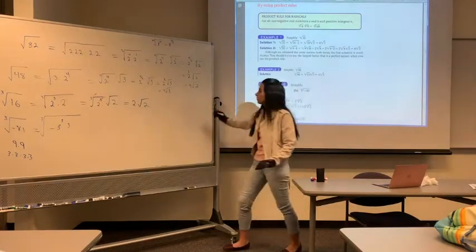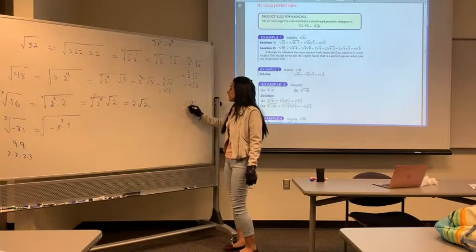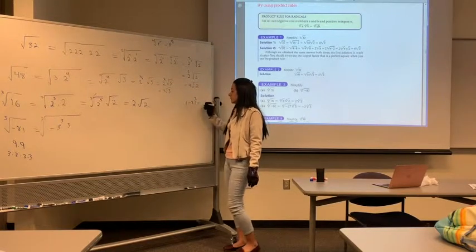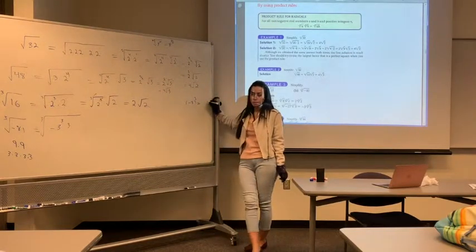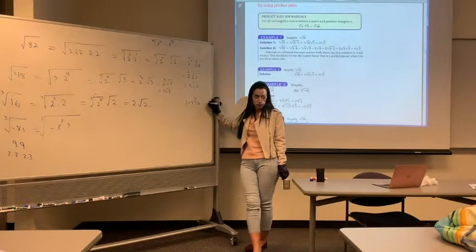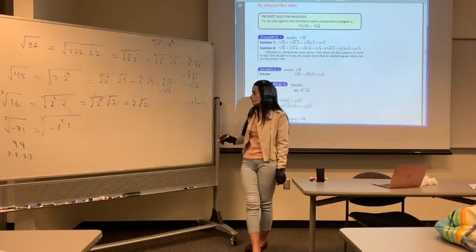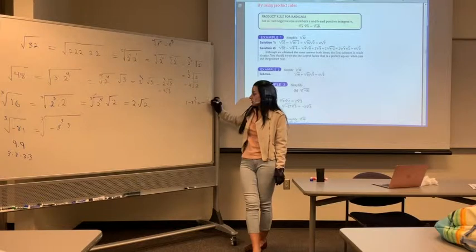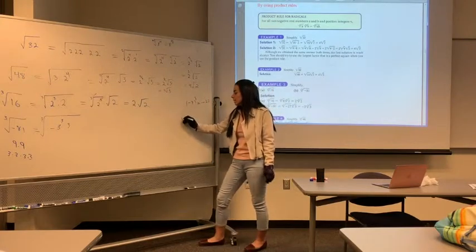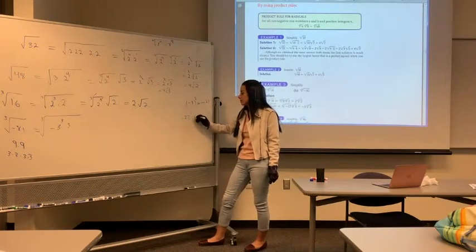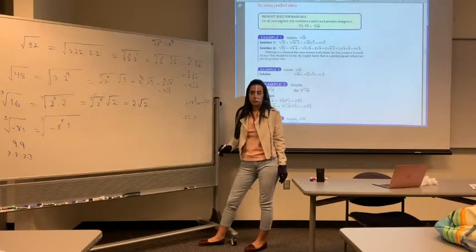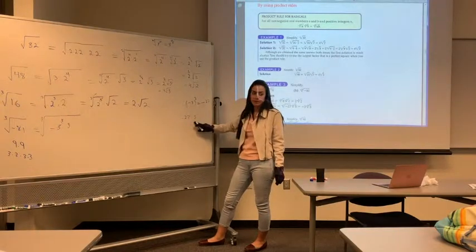If I write negative 3 inside the parentheses power 3, what is the answer? Negative times negative times negative is still negative, so negative 27. It means under the radical we have negative 27 multiplied by 3, which gives us negative 81.